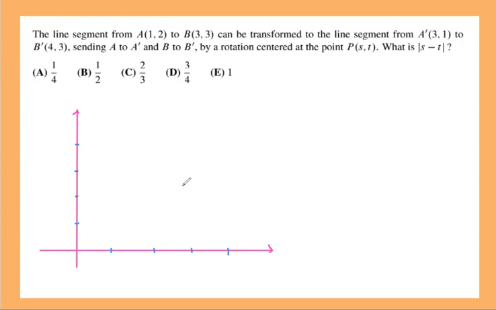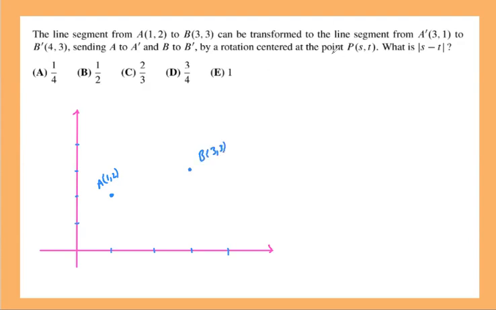As you see, it's not really to scale, but at least it does the job. So (1, 2) is something right here. That's A. And (3, 3), so that should be something right there.